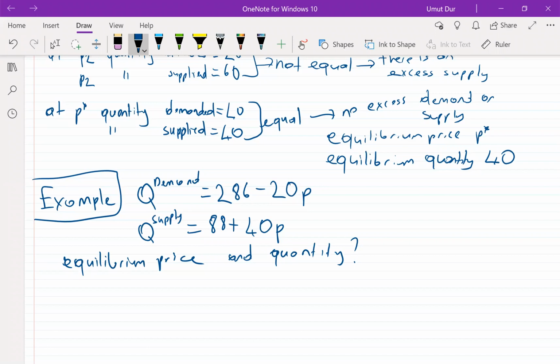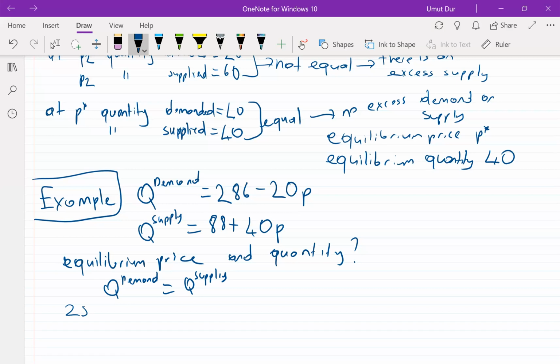Now what we are interested in is finding the point where the quantity demanded is equal to quantity supplied. Okay? So these functions are already given to us.